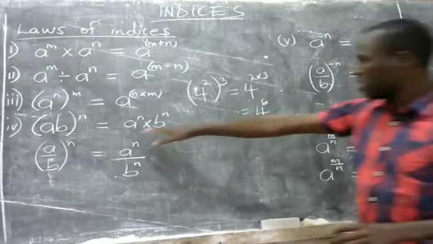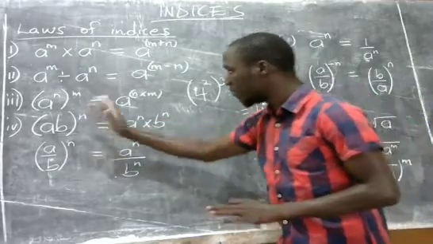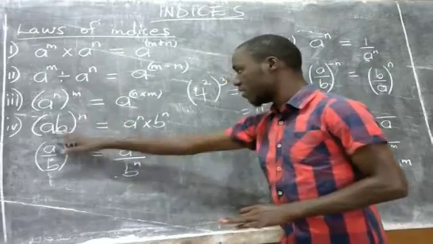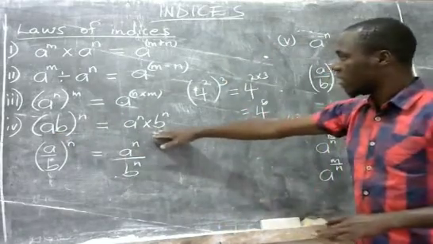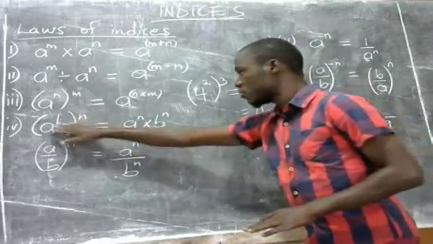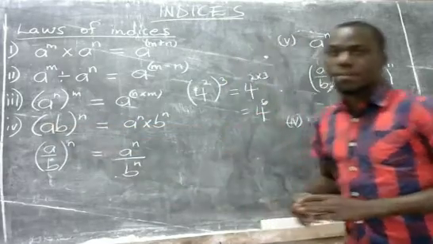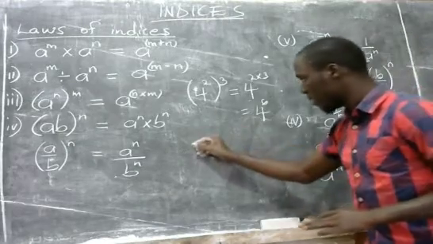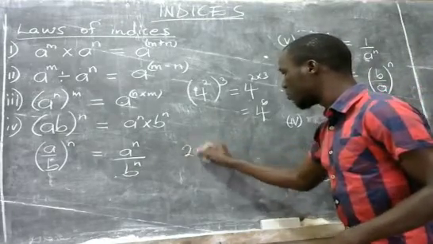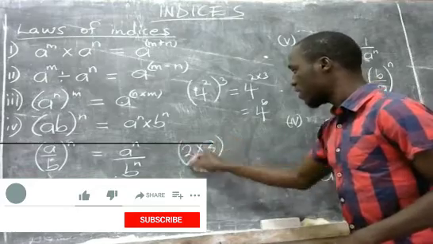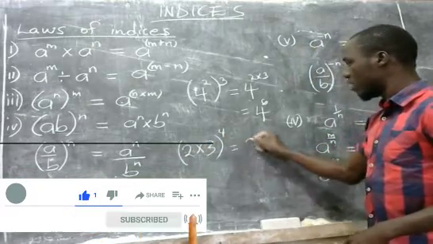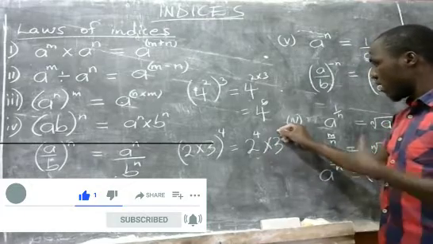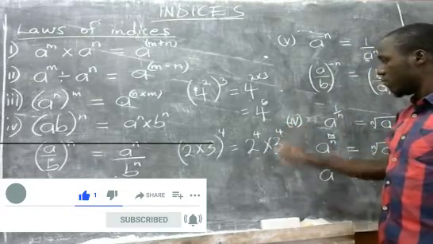Then when I go to the next one here, if I have that power outside and I open it, the power is going to distribute on each and every number that is inside the bracket. For example, if I have 2 times 3 and then power 4, the 2 is going to have a power 4, then times also the 3 to have a power of 4.